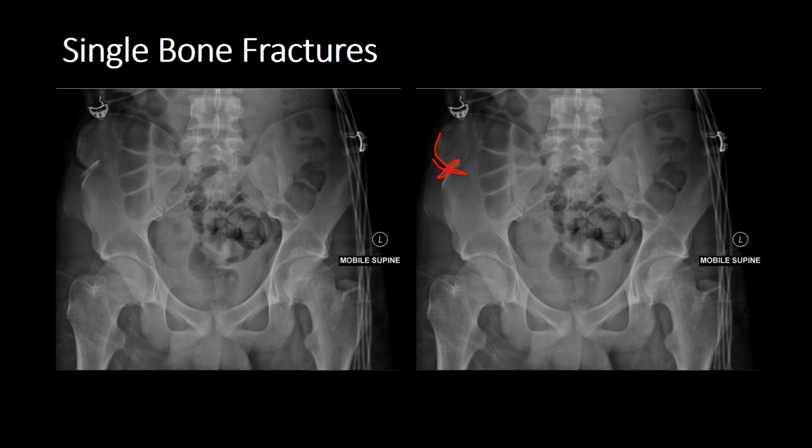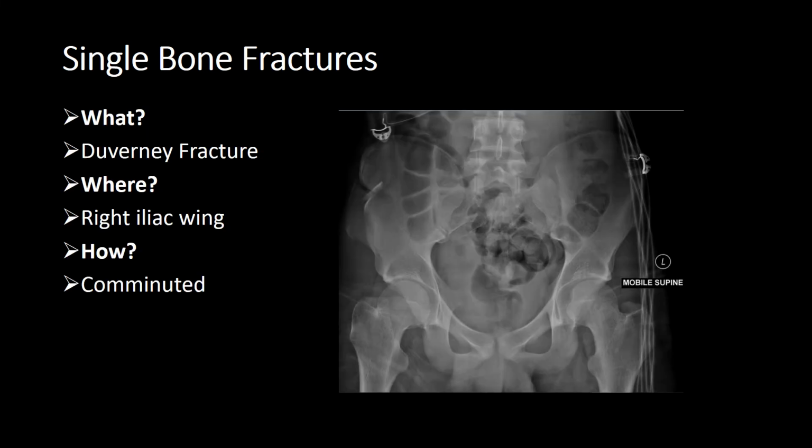We can see here quite clearly that we've got this marked lucent line, and we even have a small fracture fragment, which is that increase in density. So we do have a comminuted fracture. So what is it? It's a Duverney fracture. Where? It's the right iliac wing. How? Comminuted.